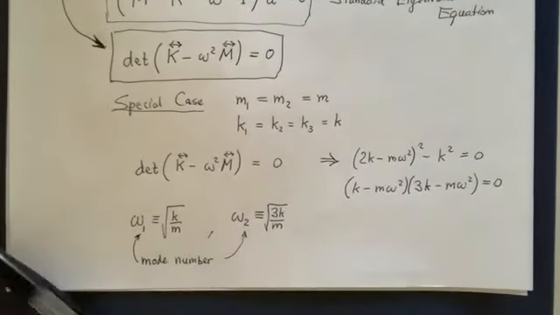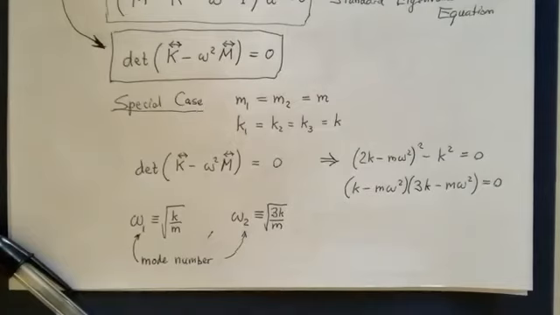Okay, so you see the danger of confusion. Because we had labeled the masses M1 and M2, there's some danger of confusion that this omega 1 is associated with mass number 1. Not true. And that this omega 2 is associated with mass number 2. Again, that's not true.